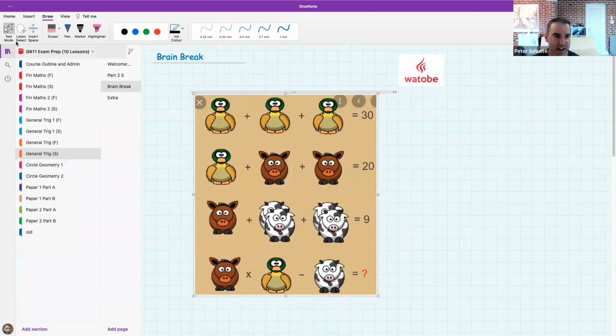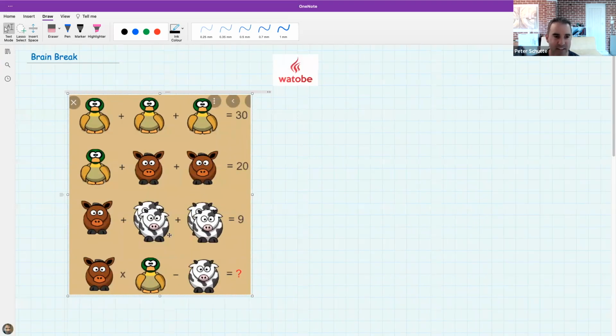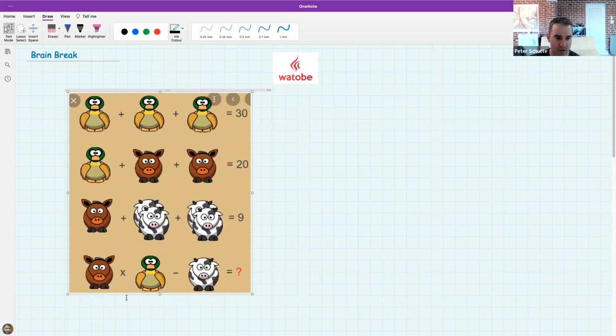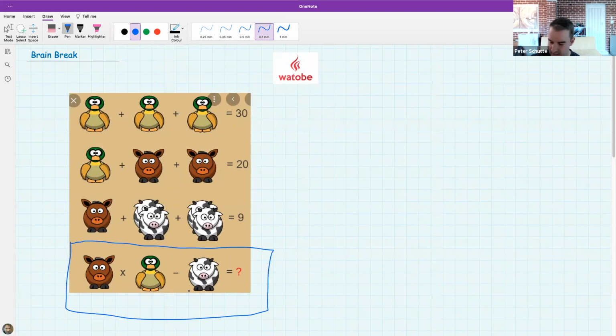Let's just do a quick brain break. Chop, chop. I want to know what these animals add up to. And we can go, basically, what is that going to be? The duck has been solved.